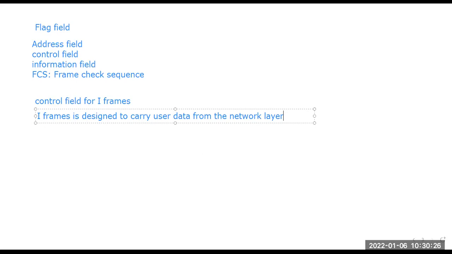To identify that particular frame, we need a particular pattern or process. So if the first bit of the control field is 0, how can we identify it?